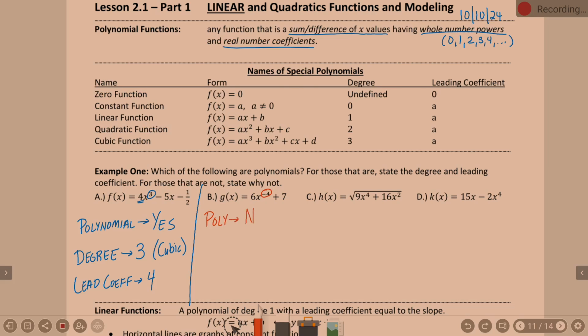So, answer is no. It did ask us to state why. So, I'm going to write that the power is not a whole number, or power is negative. I'll put power is not a whole number, and then in parentheses I'm going to say negative.